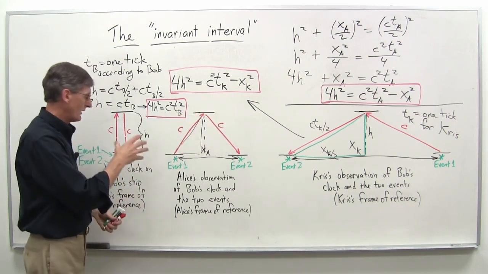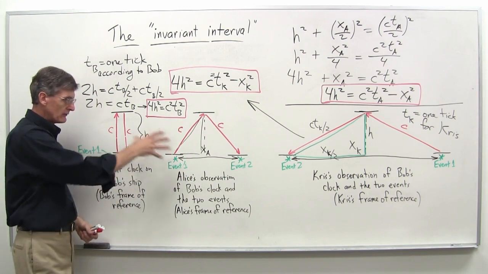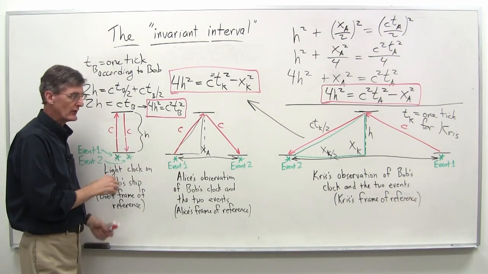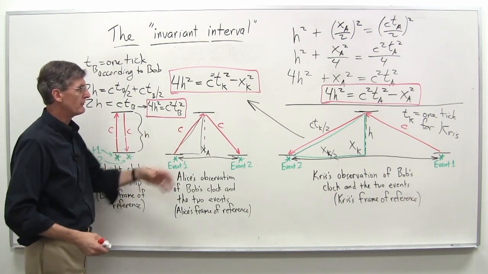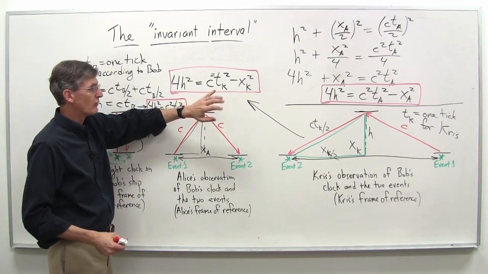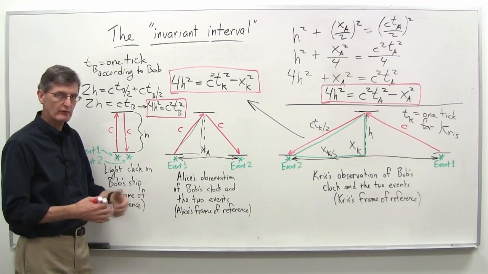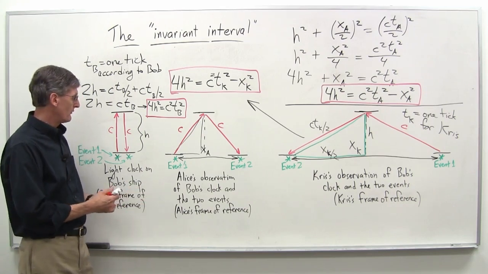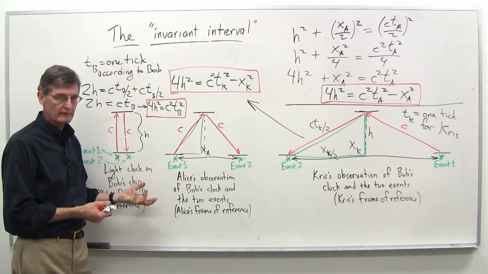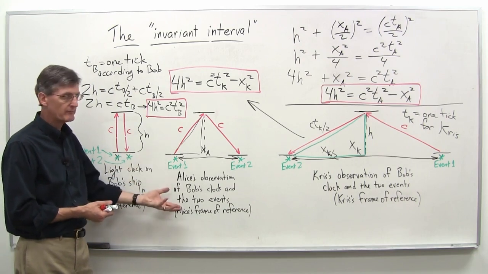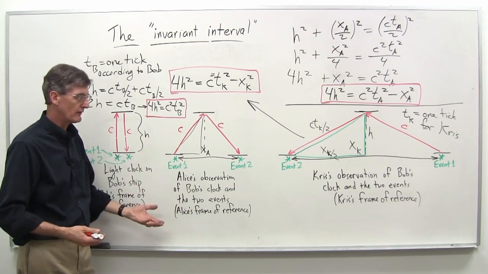So again, we have two events at different space and time locations depending on the frame of reference. But here's what's important: we've taken the distance between the events in each of the frames, and the time between the events in each of the frames.